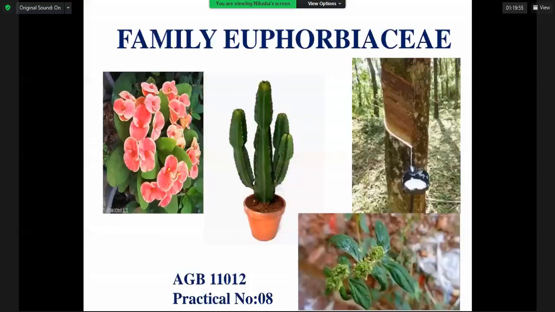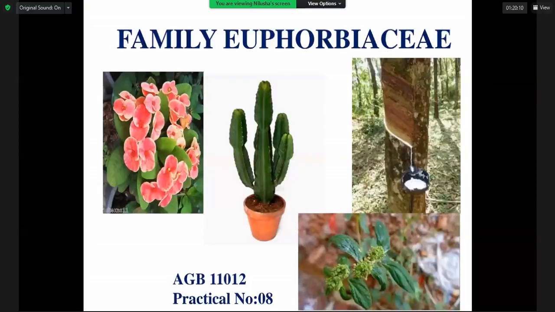In this family Euphorbiaceae, the plants have a special character. That means the plant has latex, a milky fluid.